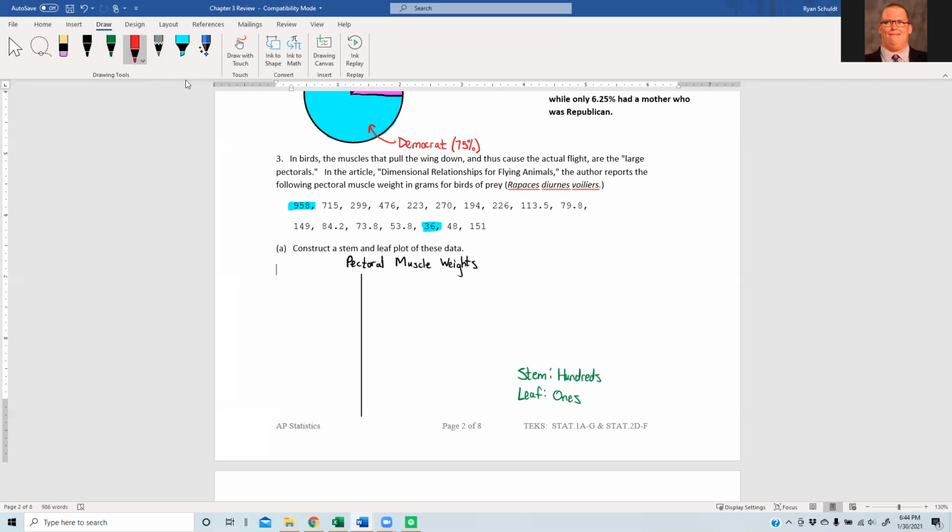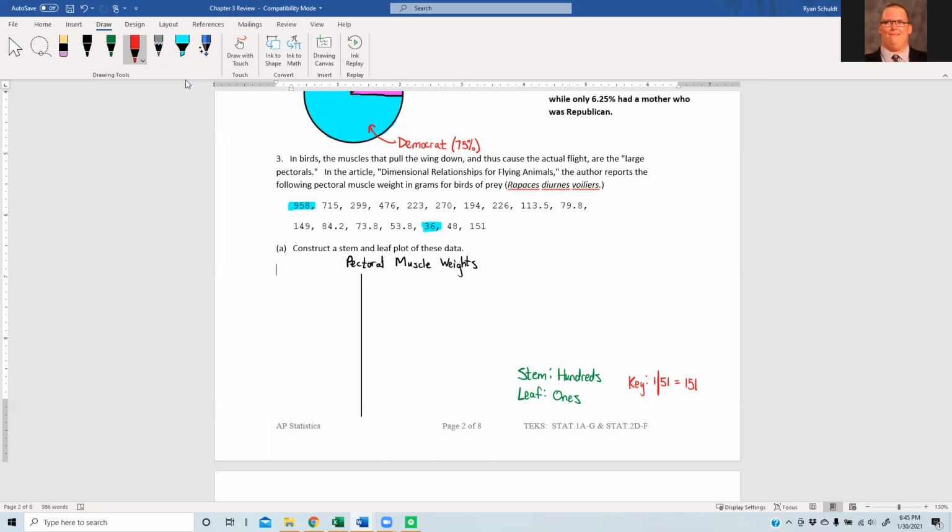Another version of the key could look something like this. Key. 1 with the bar and then 51, that means 151. That's another way you could do the key. But however you pick, you need to make it known. That way people aren't guessing.